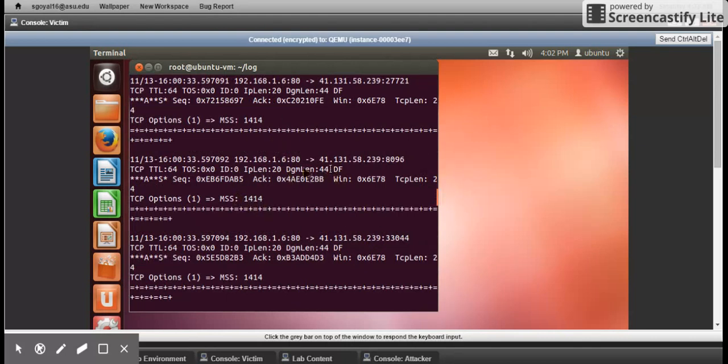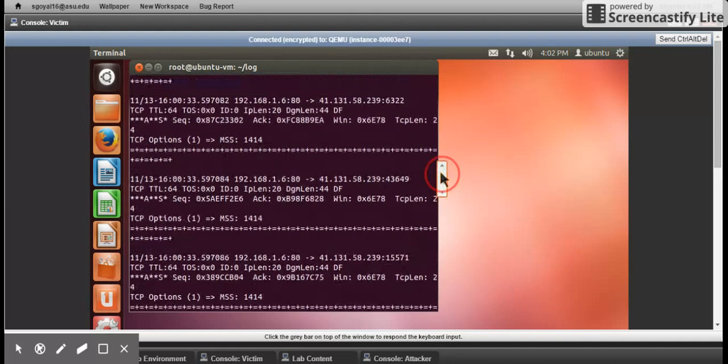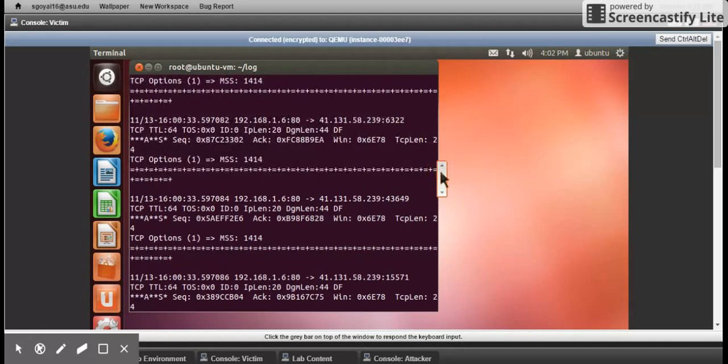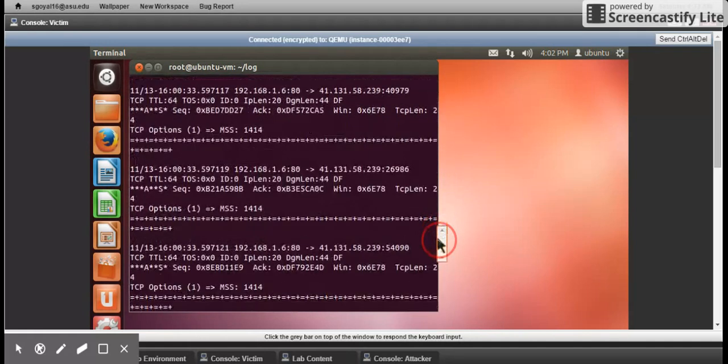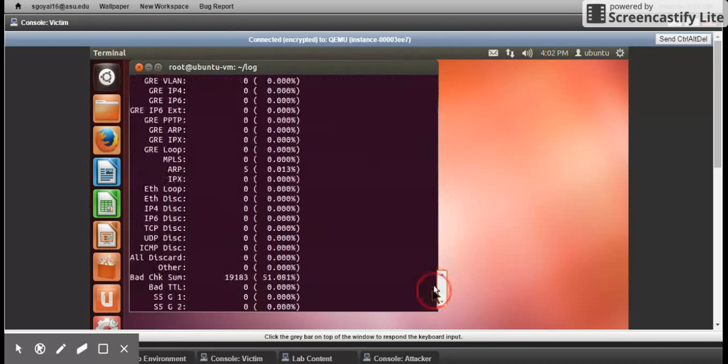Again, this is a reply back to this particular port, which is 809796. So as we can see, there are so many packets which came in from the attacker side to the victim from different ports, all on port 80.